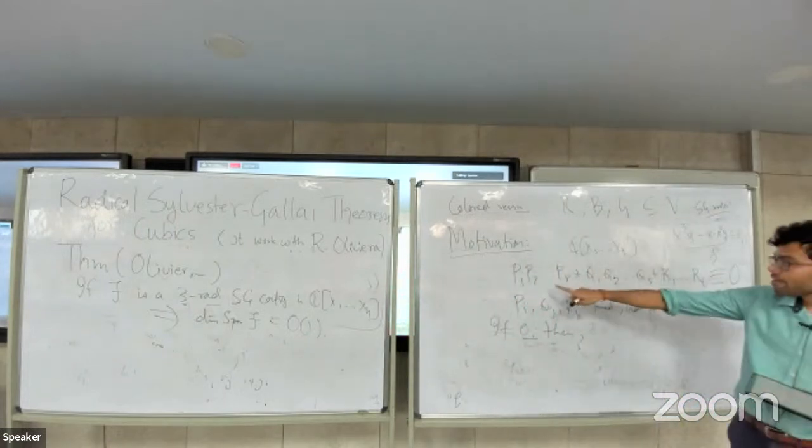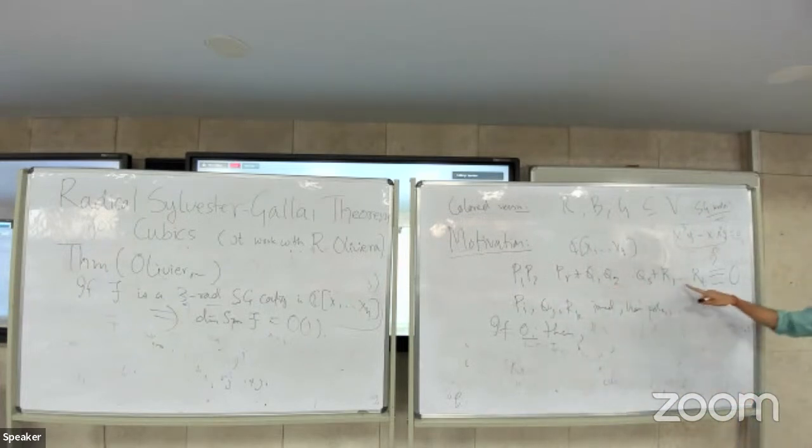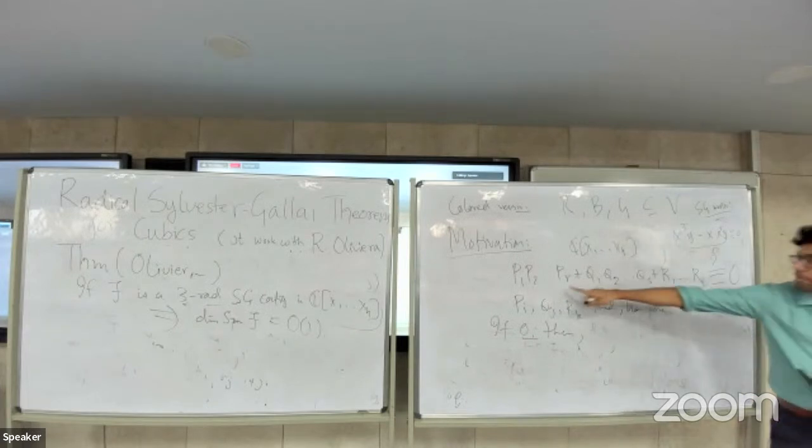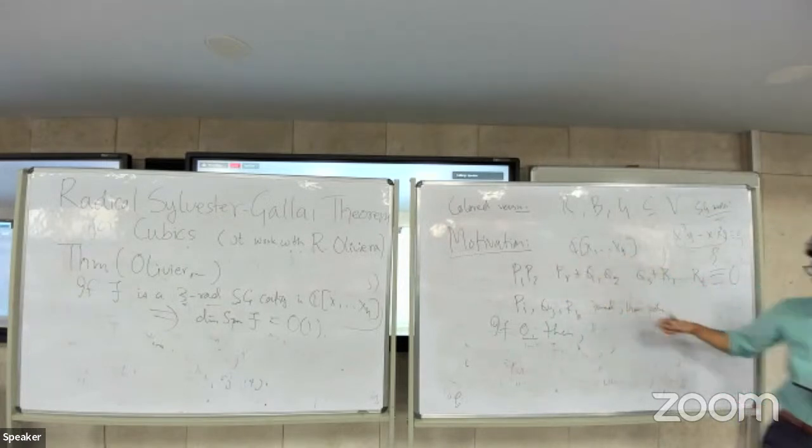Look at this. Whenever Pi and Qj vanish at a point, one of the Ri's must vanish. Because suppose P1 vanishes and Q2 vanishes, then this part is zero, the whole polynomial is zero, so one of the Ri's must vanish.